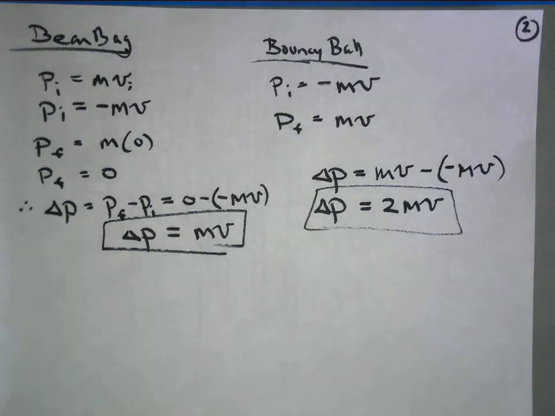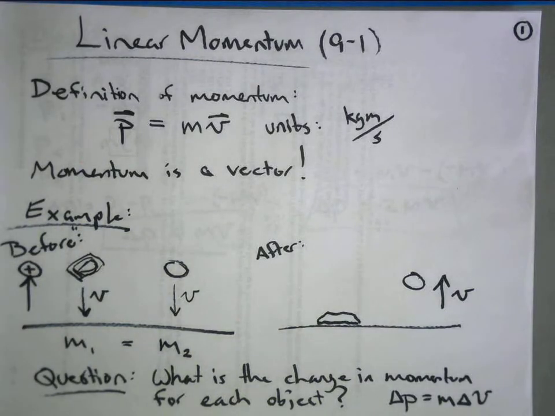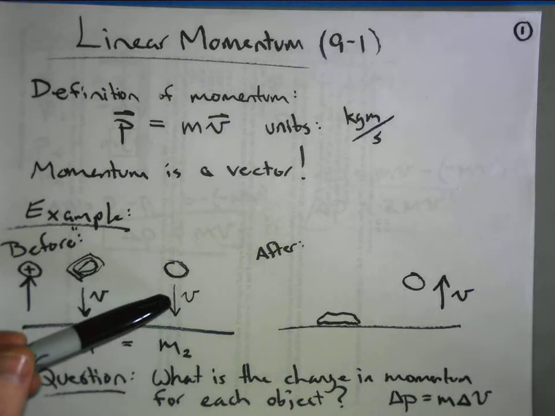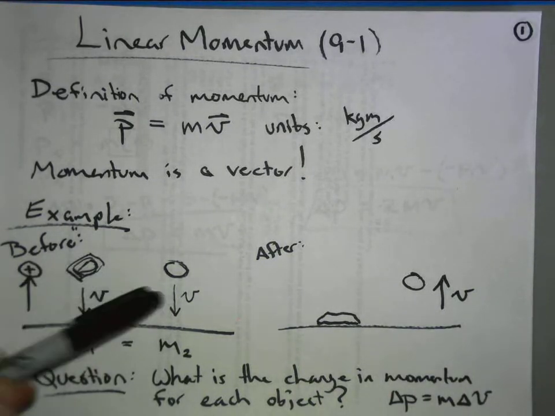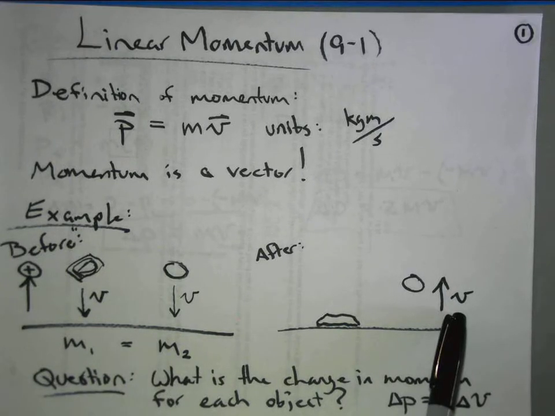And it's also very important because if you just ask yourself, well, wait. Look, you had an amount of momentum here that was mv, happens to be downward. But if you happen to forget the vector nature, and not be thinking about direction, you say, well, momentum is mv here and momentum is mv here.